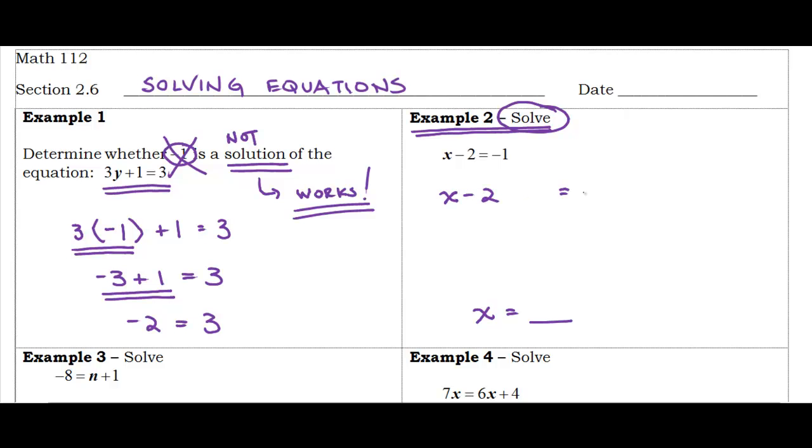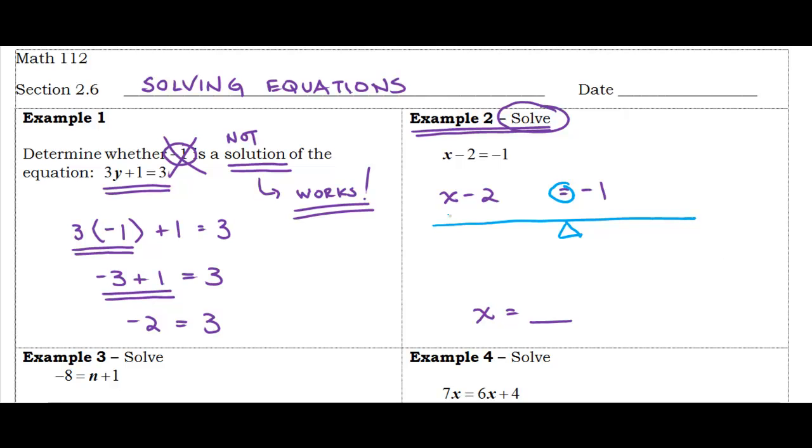Let's rewrite the question. And conceptually, let's think of this as a seesaw, or a teeter-totter, or whatever else you call this thing. Okay? An equation is balanced.